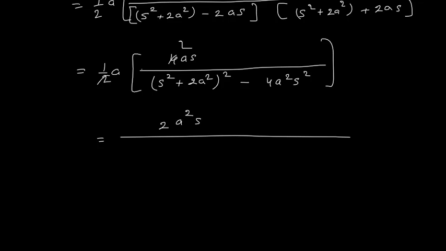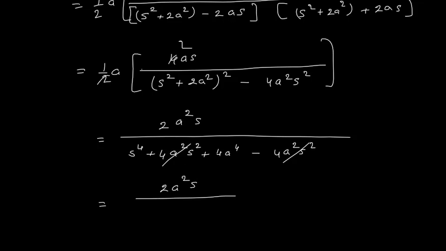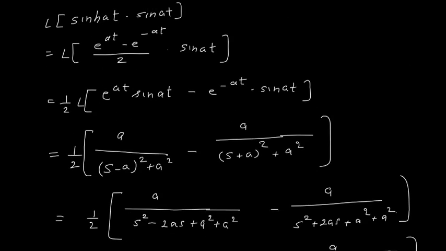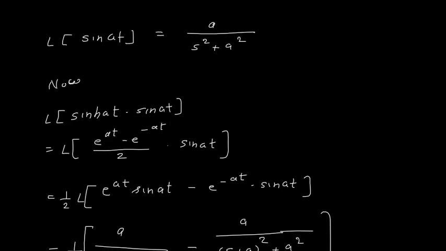In the denominator, a plus b the whole square is a square plus 2ab plus b square, minus 4a square s square. So plus 4a square s square minus 4a square s square will cancel, and here I have 2 a square s divided by s power 4 plus 4a power 4. This is my result for the problem Laplace of sine hyperbolic at into sin at.